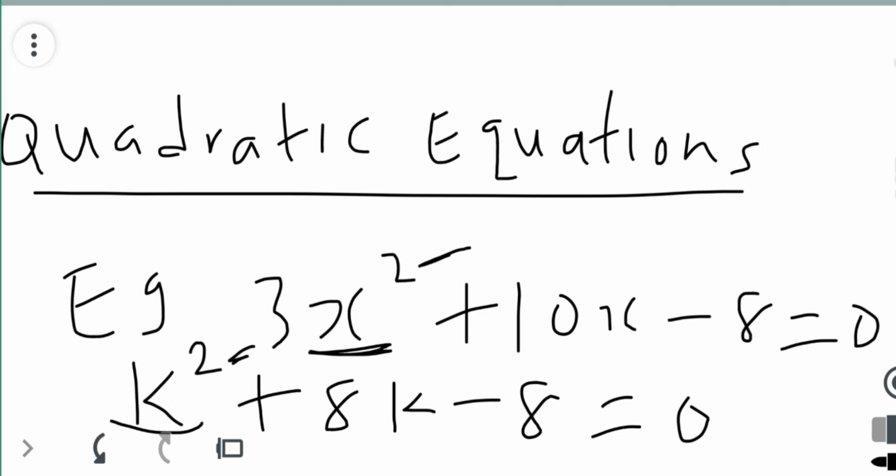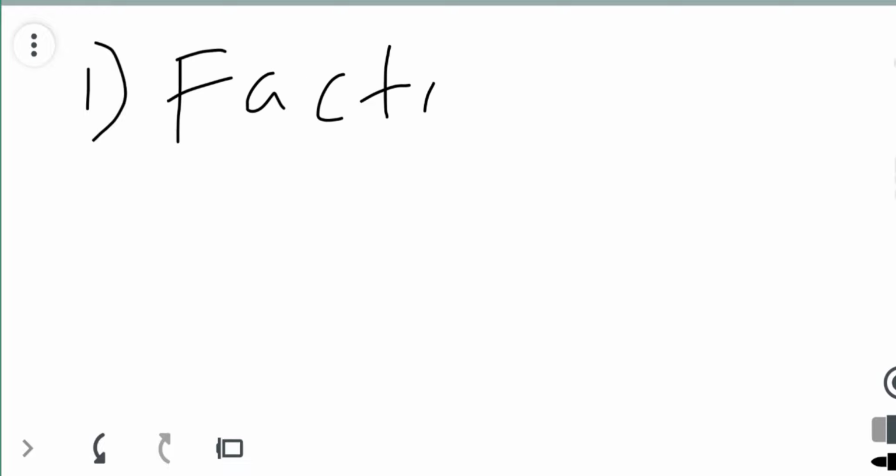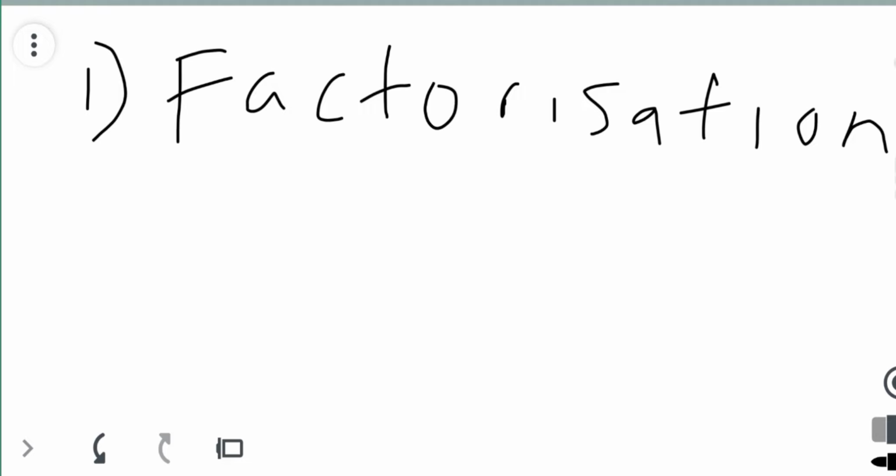Now we have the methods that we can use to solve quadratic equations. The first method is factorization. Factorization is the first method that we can use to solve a quadratic equation.